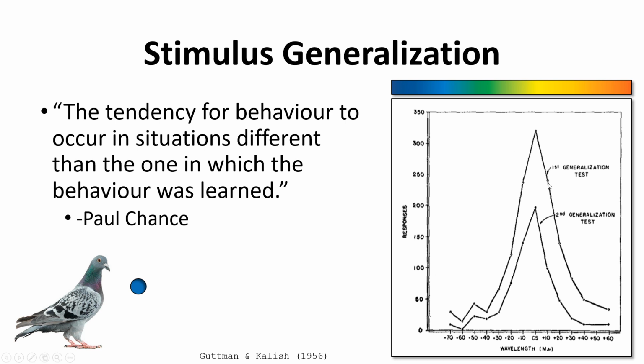They'll also respond to yellow colors because that's pretty close to the greenish yellow they were trained on, and they'll respond pretty high to green colors because that's pretty close to yellowish green as well. The further away we get from that original wavelength, the less and less responding we see. That's what this axis here is, high responding versus low responding.